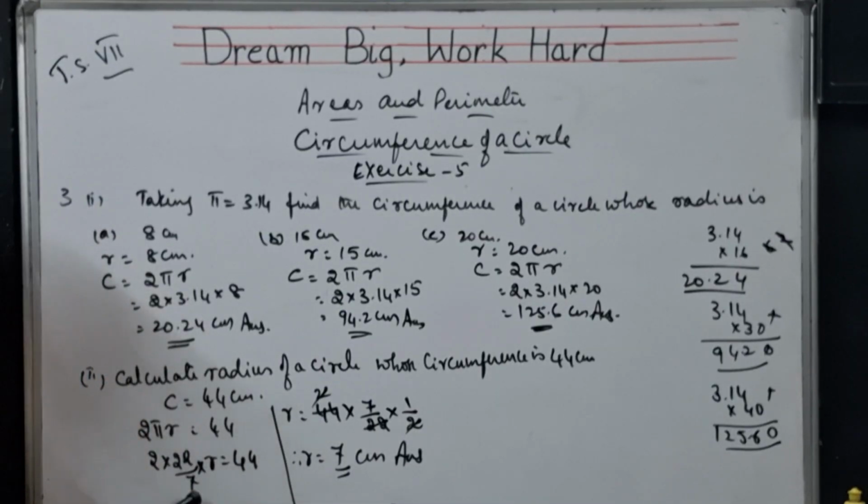So I took it as 22 by 7 into r is 44. So I want r. R is equal to 44, you will take as it is, and these two reciprocals you have to write. 22 by 7 becomes 7 by 22, 2 becomes 1 by 2. So on simplification, I have got radius as 7 centimeters. These are the answers for the third bit, children.